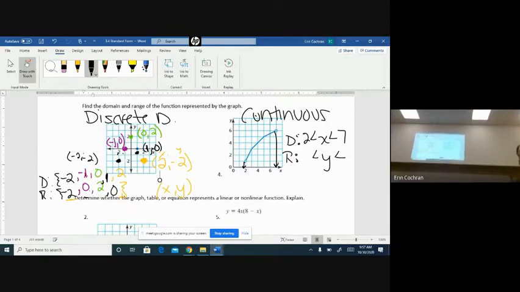So my domain is between 2 and 7. My range is my y values. What axis is my y values? The vertical. So we're going to go from the lowest to the highest. My lowest point is where? At 1. And the highest point is at what? 6. Does that make sense to you guys?